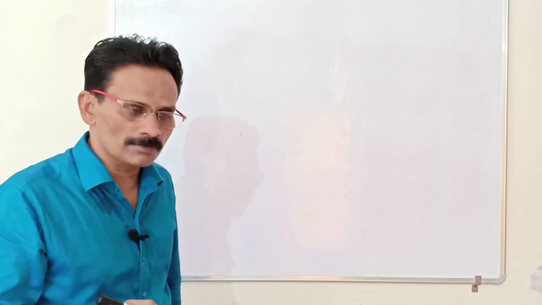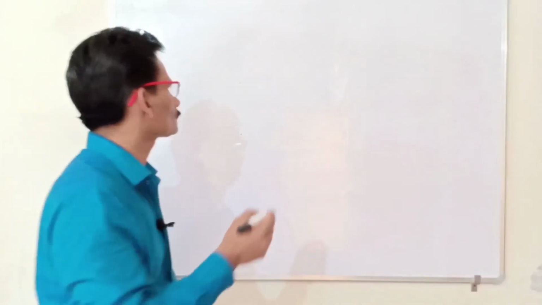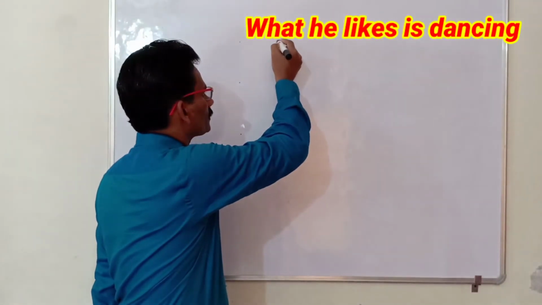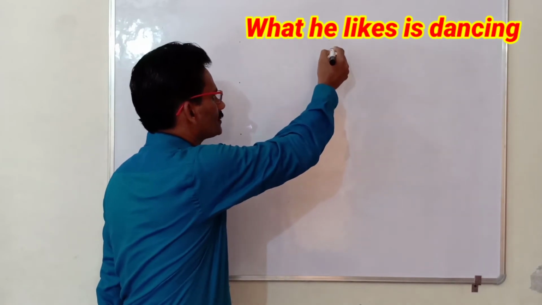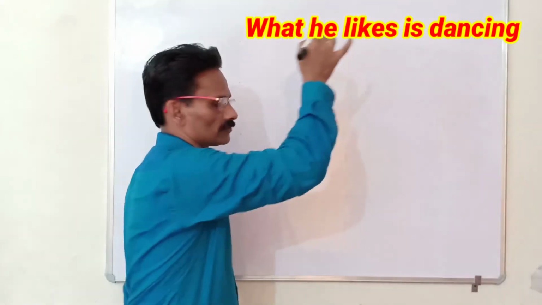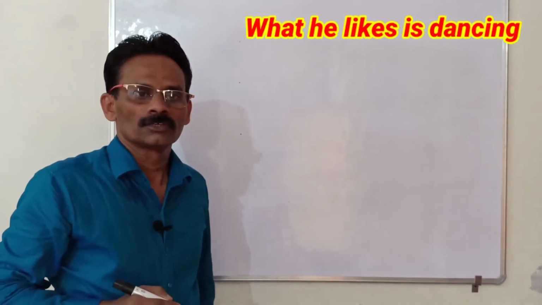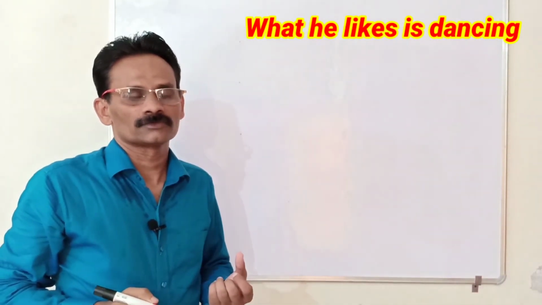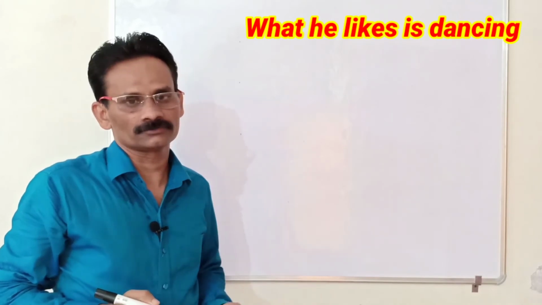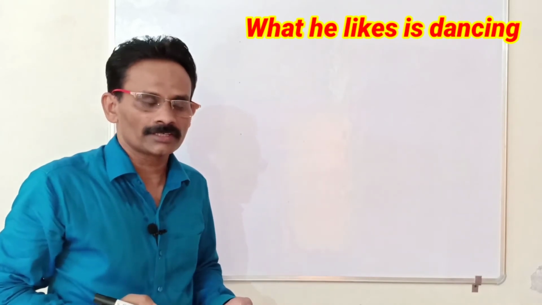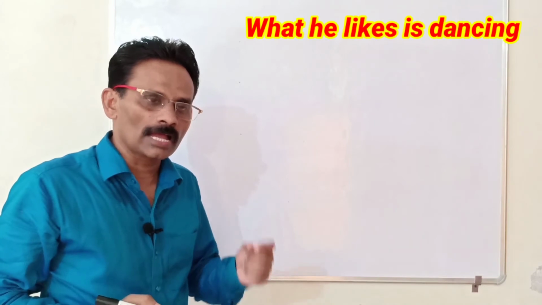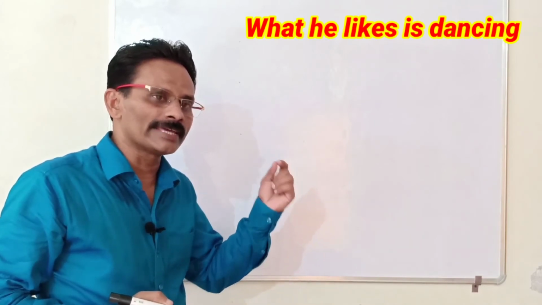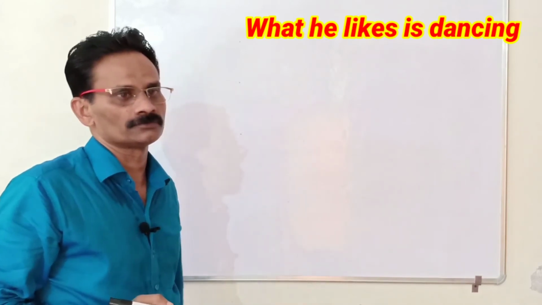Now, let's examine another sentence. What he likes is dancing. So here, dancing is the gerund, and it has come after the verb of incomplete predication.